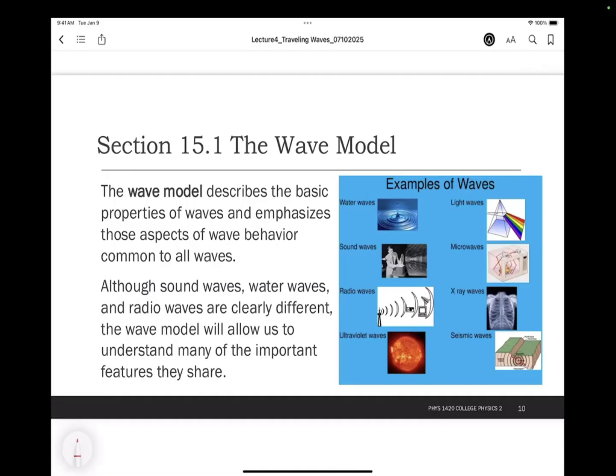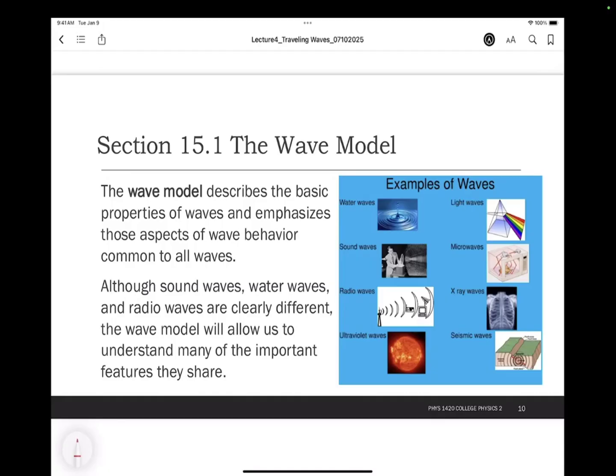It's not visible. And for the microwave, when you heat food, actually inside the microwave there are some waves, and we also cannot see them. And also radio waves, X-ray waves, ultraviolet waves, and some seismic waves.